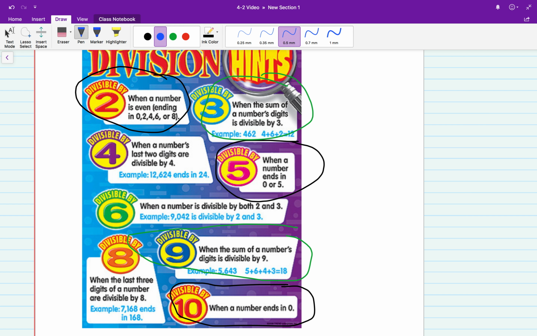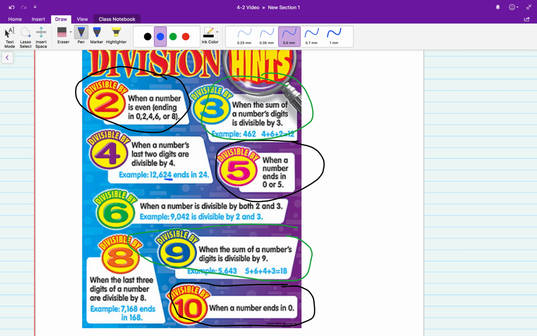Next, we've got 4. 4 is going to pair with 8. 4 and 8, you do not add the numbers. This is a common mistake that a lot of people make. 3 and 9, they're kind of new and weird, so we focus on those, but 4 and 8, do not add them. You just look at the last 2 digits. So in this number, 12,624, you just look at the 10s and the 1s place, so just the number 24.